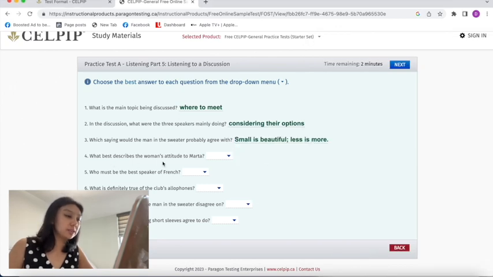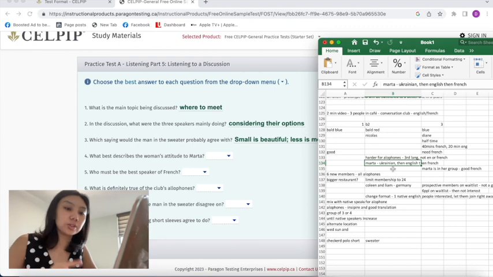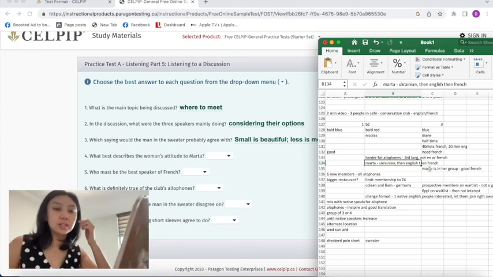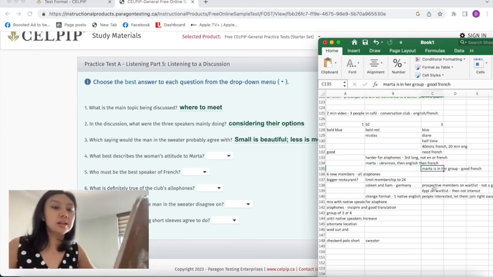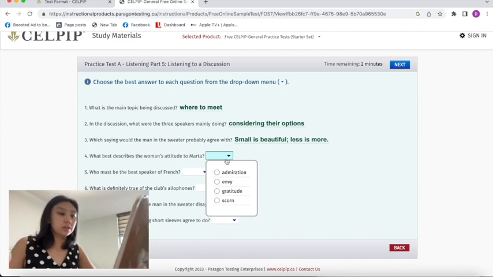Okay, what best described the woman's attitude toward Marta? If you look at your notes, Marta is an allophone whose first language was Ukrainian, then English and French, and she was in the group of the girl, Dayan, and her French is pretty good. It wasn't explicitly said, but it seemed like the woman's attitude towards Marta was admiration.